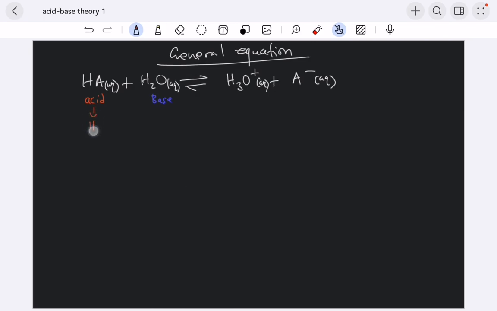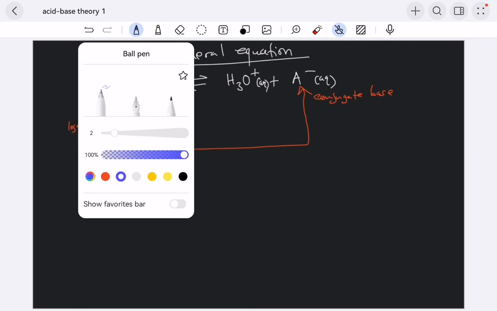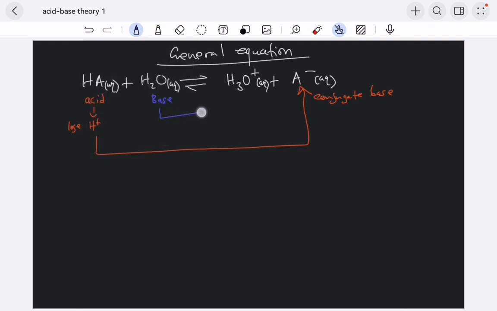So when an acid loses its proton, it forms what we call a conjugate base. Then when a base, in this case water, gains H positive, it forms what we call a conjugate acid.